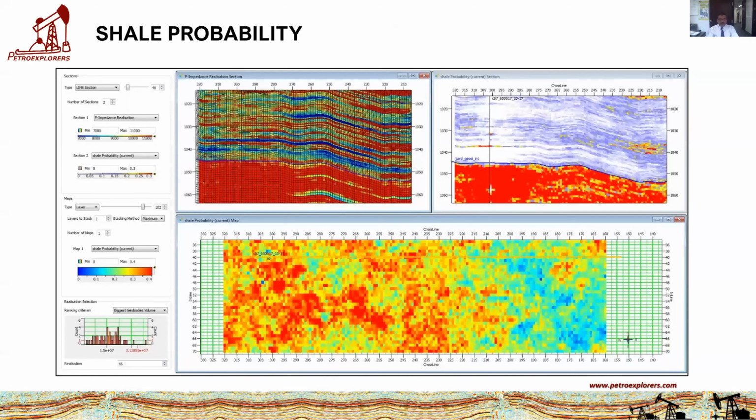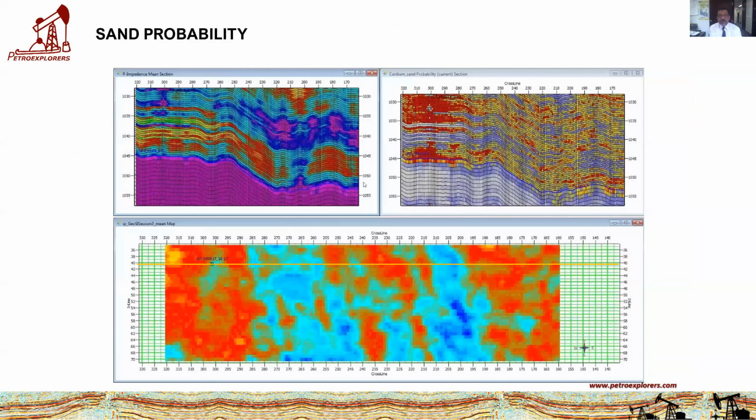So when you run it, there are probabilities, and this is the shale probability, with a lot more shale probability in these reds, while sands like the Valley River sands and other sands stand out. Then you can slice through those, and this is the sand probability, which would have the shore face coming down.